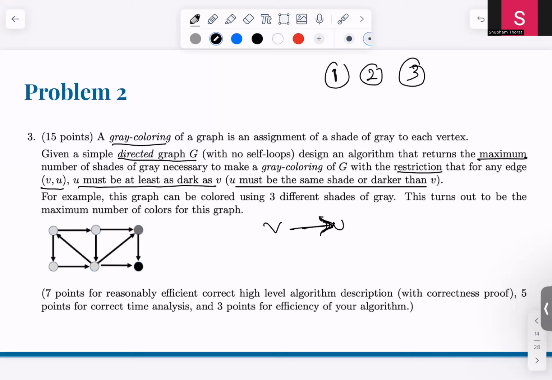So if V has a shade of I, then the shade of U should be greater than or equal to I. The question is, you want to maximize the number of shades. You want to color your graph in such a way that the total distinct shades of gray you're using is the maximum possible number. How will you do that?